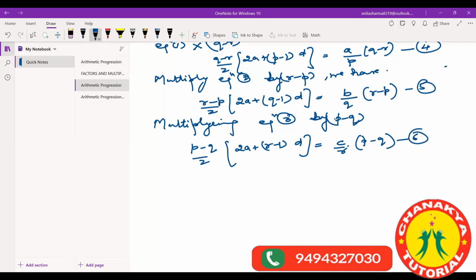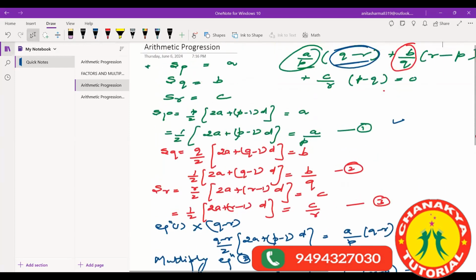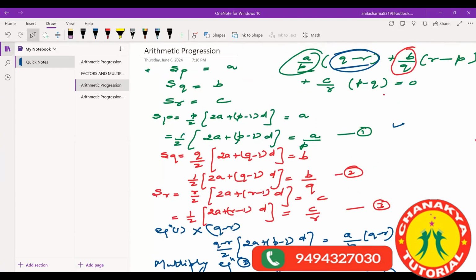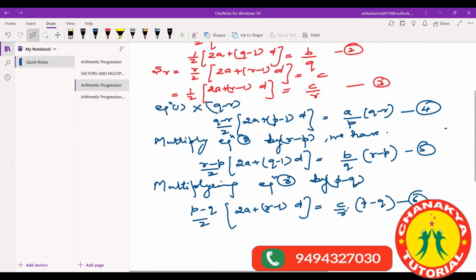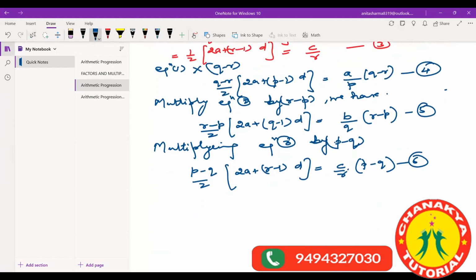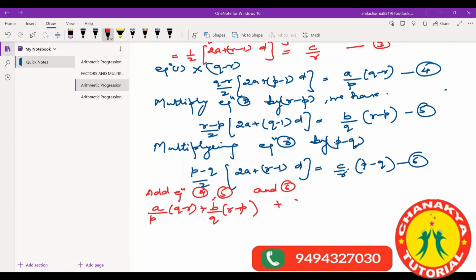Now, in the question, what you have to find? Now we have to add them. So now you will be adding equations 4, 5 and 6. Now I'm writing right hand side first: A by P into (Q minus R) plus B by Q into (R minus P) plus C by R into (P minus Q).